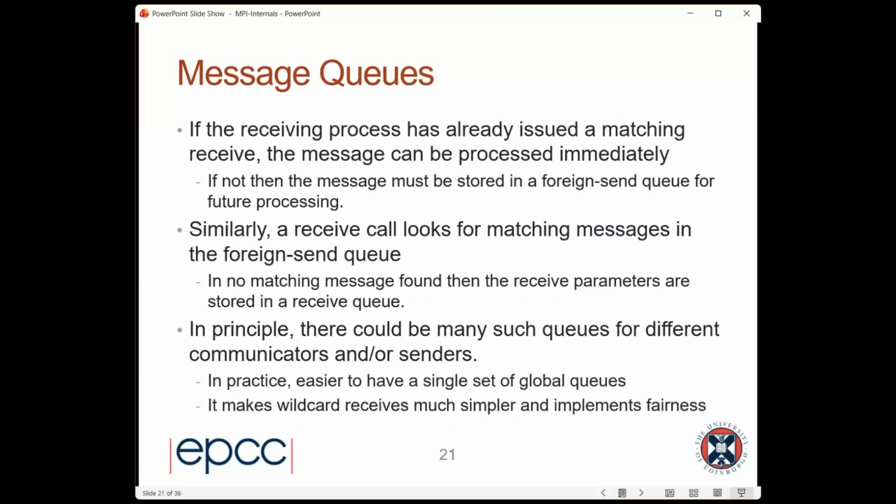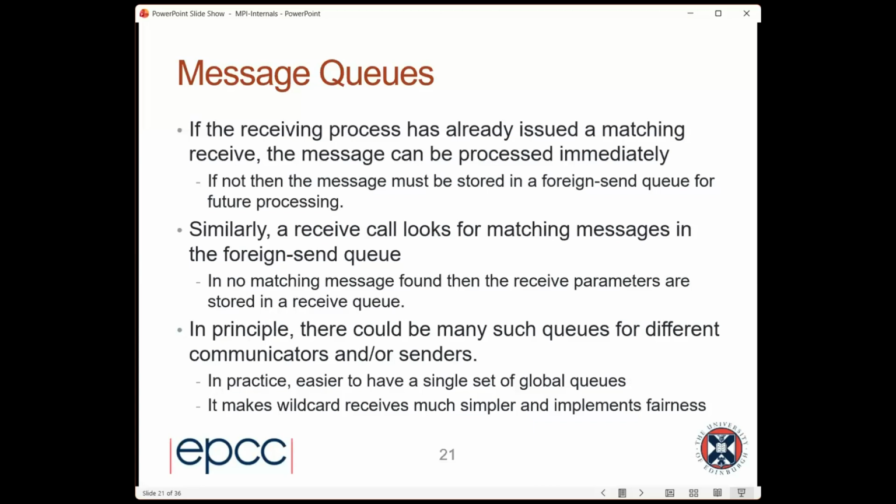So on the receiver, I'm a receiving process. I get a little message saying Dave's expecting to send you a message. I may already have issued a matching receive. If so, I can get back and say, send the data. So if the receiving process has already issued a matching receive, the message can be processed immediately.